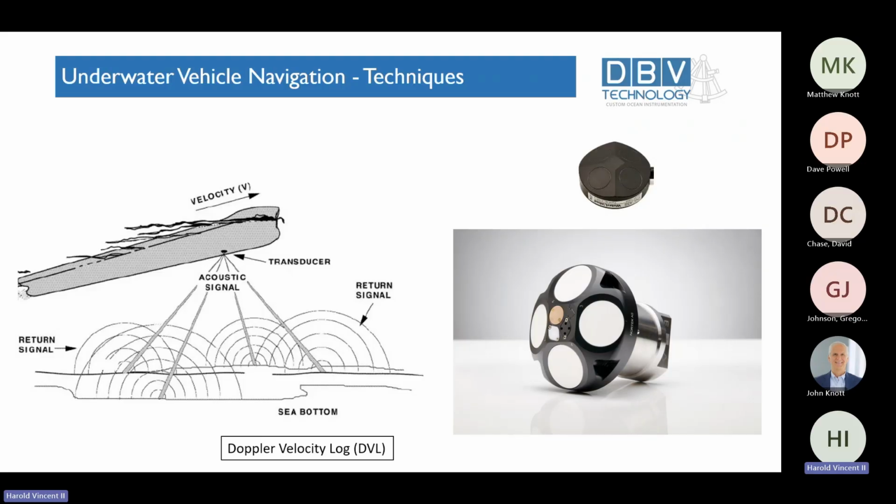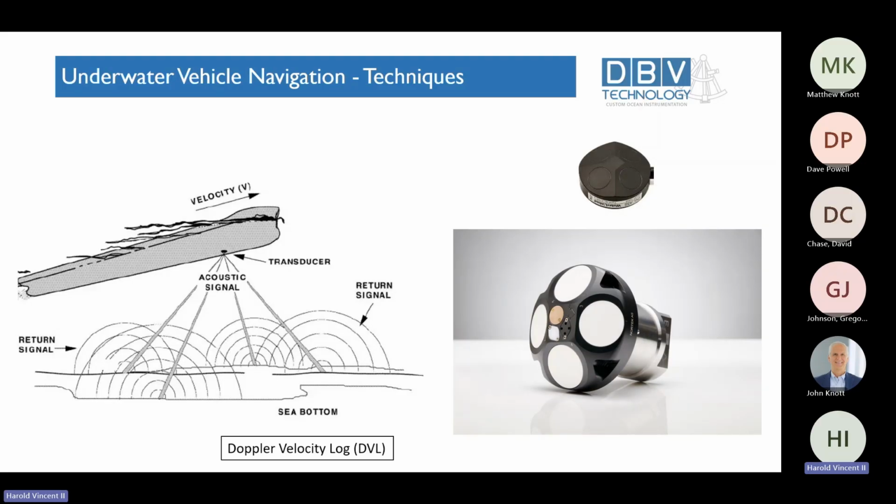The problem is most Doppler velocity logs operate at a high frequency and therefore have a limited range, and therefore you cannot always get the speed over ground measurements from the DVL at the surface with the AUV or mid-water column.